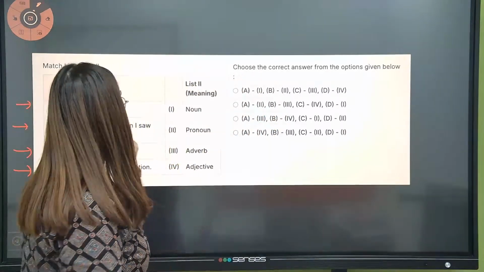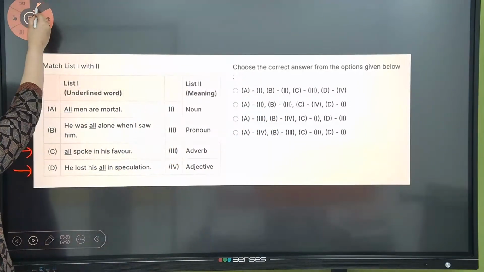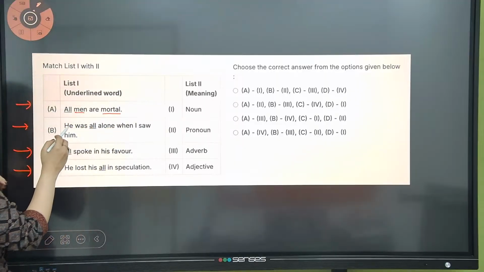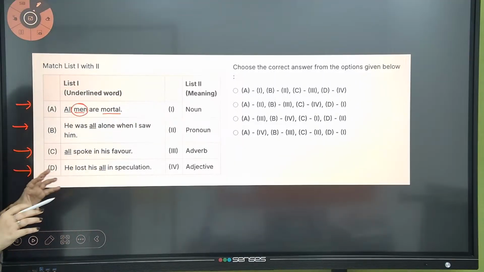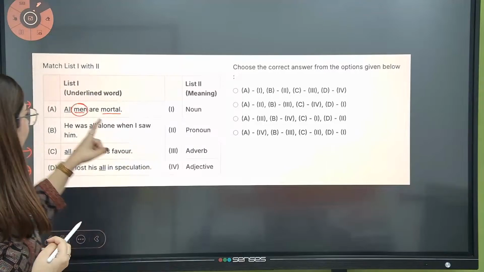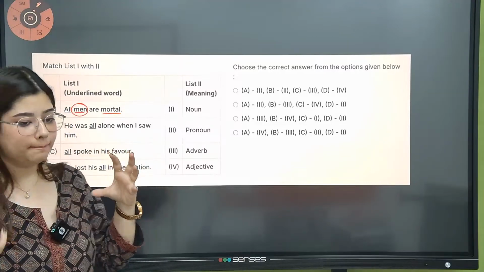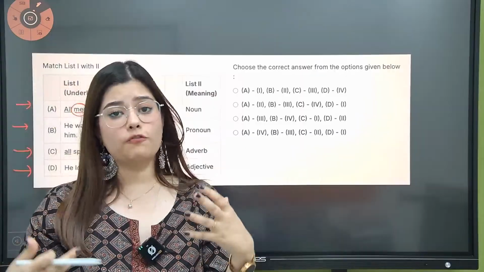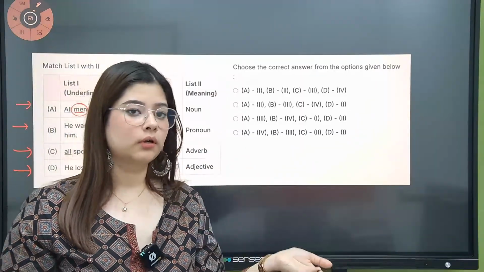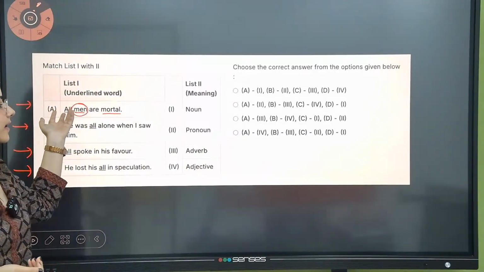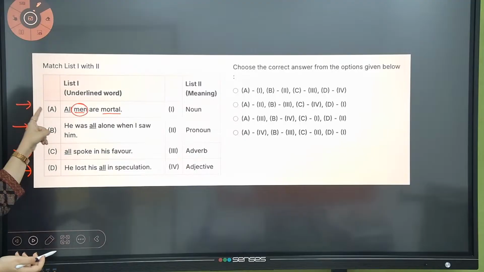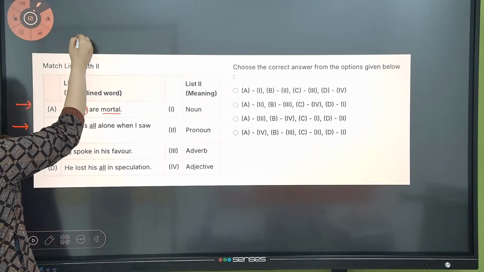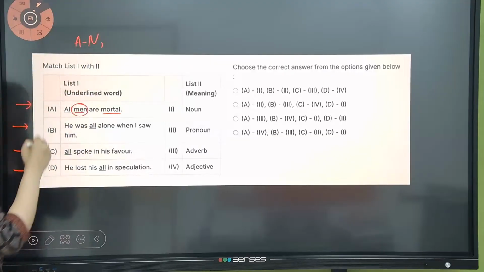Okay, please have a look. In the first sentence, all men are mortal. Now men is my noun here, and all is describing the noun. It is telling me about the quantity of the noun. Quantitative adjective. So all here would act as an adjective. So we have A with 4.